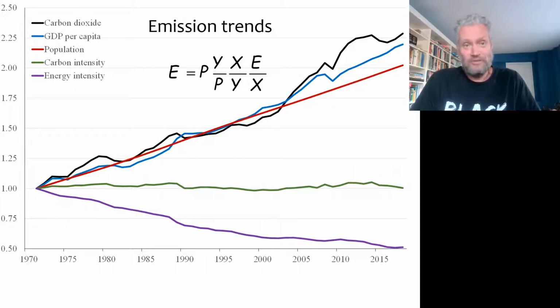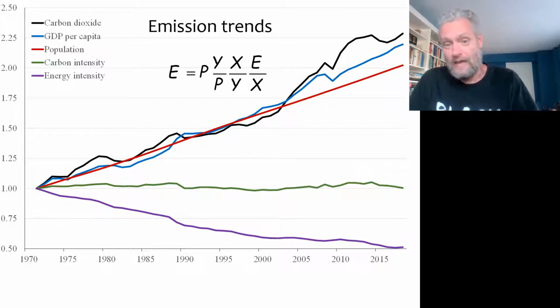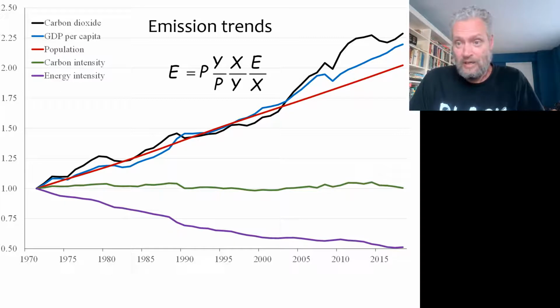The second element of Kaya identity is GDP per capita. How much money we make, and that is given here in the blue line, and you see that has also more than doubled over this almost 50-year period. CO2 emissions actually have increased slightly faster than per capita income.